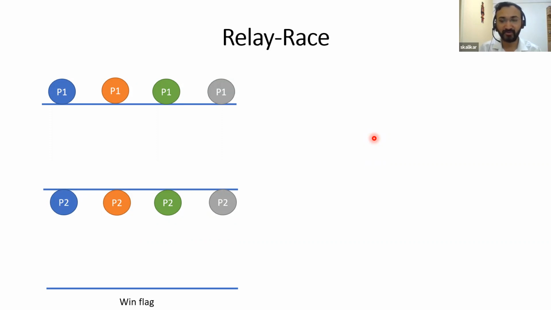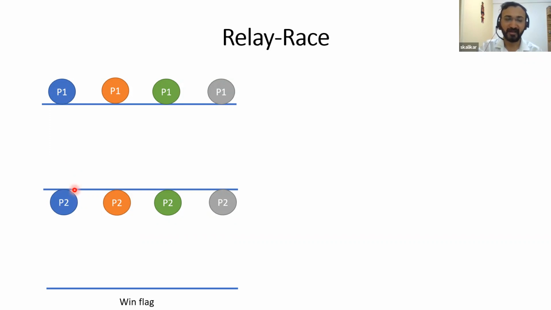I would like you to understand this scenario as a concurrent program. Suppose you have 4 teams, 4 different colors, and each team has 2 players, P1 and P2. When the race starts, P1 should run until this point, halfway through, and then P2 should start running once P1 reaches this point.